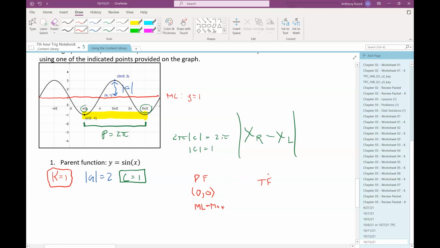And then for my transformed function, I'm going to pick another midline point. So I have lots of options. All of those are midline points. I could use any one of those. I'm going to choose this one because the coordinate is already identified for me, so I don't have to worry about making a mistake reading it off the graph.